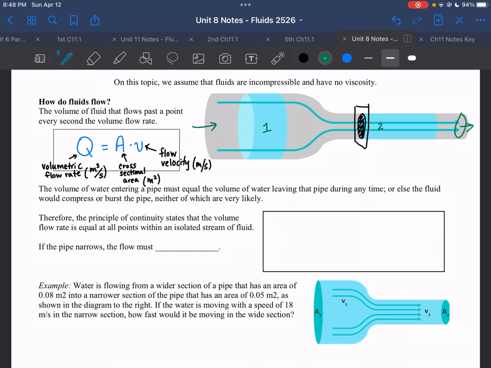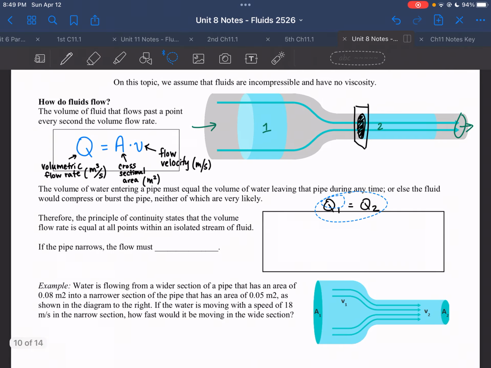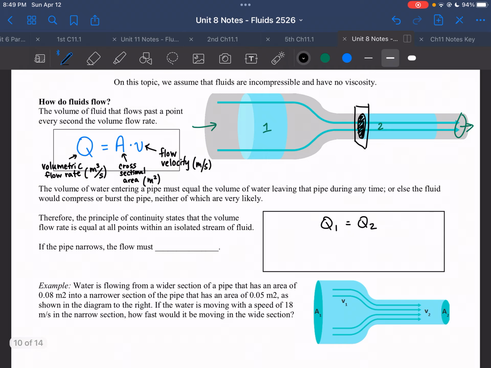And so because of that, we know that the volumetric flow rate, Q, has to be exactly the same. So the volumetric flow rate for any place on our pipe, say area 1 times the flow velocity at that location, has to be equal to the same thing in a different location: the area at that location times the speed at that location.